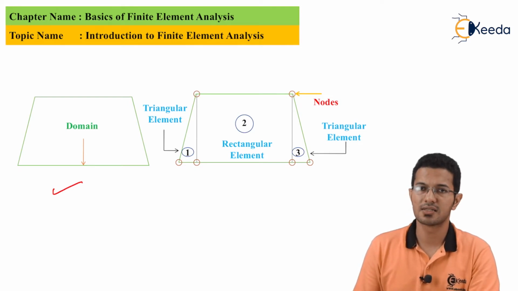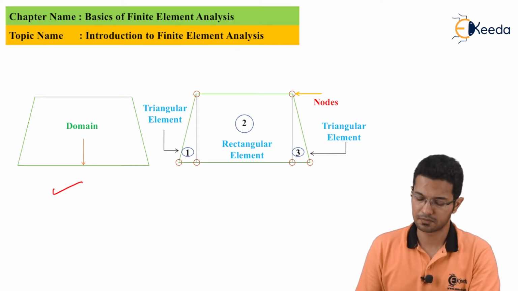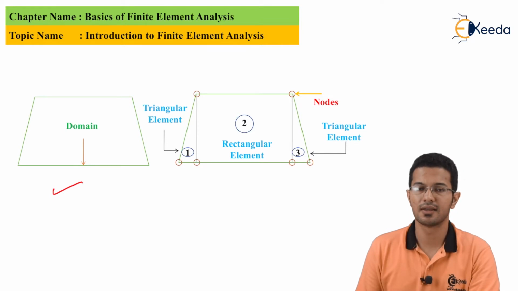So, namely, we can say that the trapezoid or the domain has been divided into three parts or three elements. Now, if you observe carefully, you can understand that there are some points where the elements are connected. These points are called nodes.